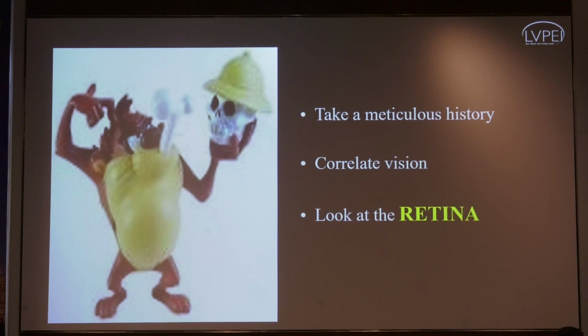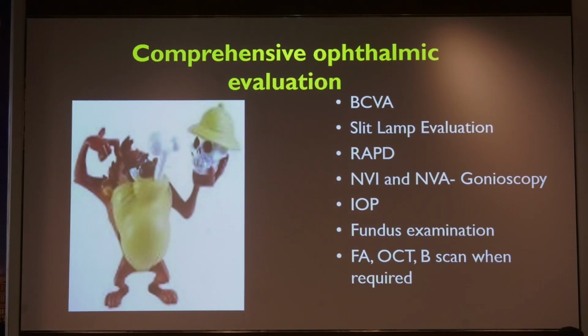One of our earlier speakers, Dr. Vaidya, said it makes sense to correlate the vision and see if the discrepancy in vision can be accounted for by the cataract. If that is the case, it's good enough. But if the cataract is not commensurate with the amount of vision loss, keep in mind that there may be something else you are dealing with. And therefore comes what we are supposed to do for every patient: a comprehensive, complete ophthalmic evaluation, which includes best corrected visual acuity, a meticulous slit lamp evaluation, and looking at RAPD.